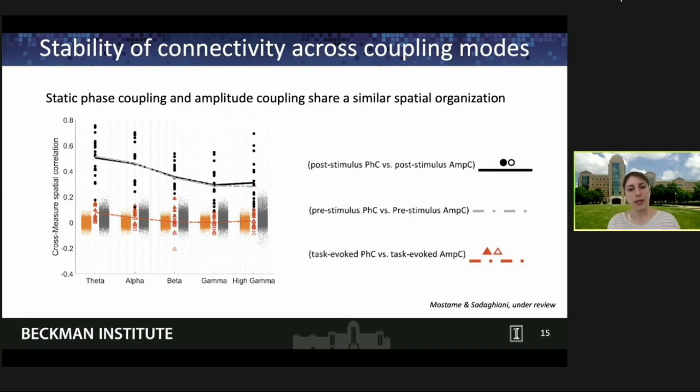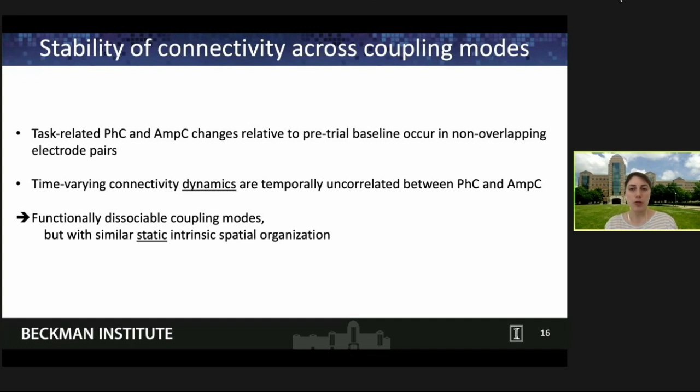We have also looked at this correlation at resting state, and we find, again, very similar relationships between phase and amplitude coupling at resting state. Without showing you the details of the data, just to save us some time, I'm just giving you some further conclusions from additional analyses that we did. The task-related phase and amplitude coupling changes relative to pre-trial baseline are not spatially related between phase coupling and amplitude coupling.